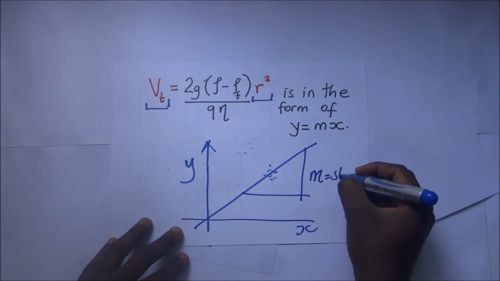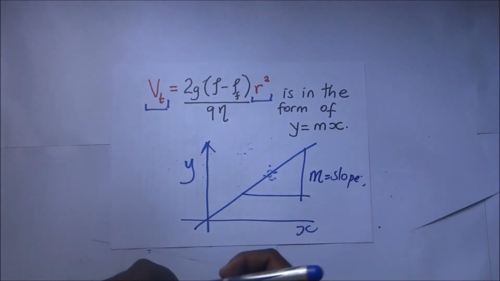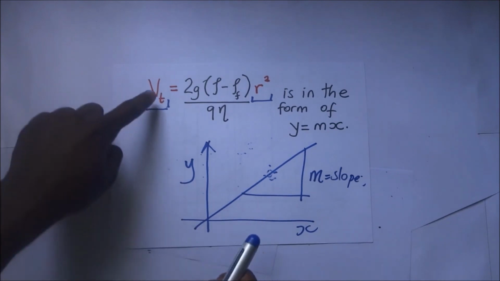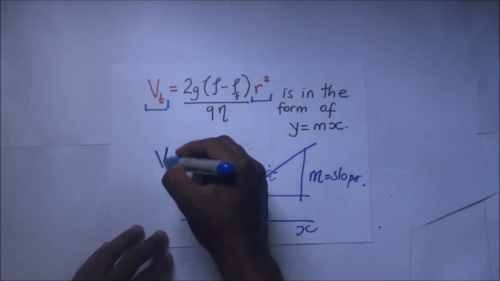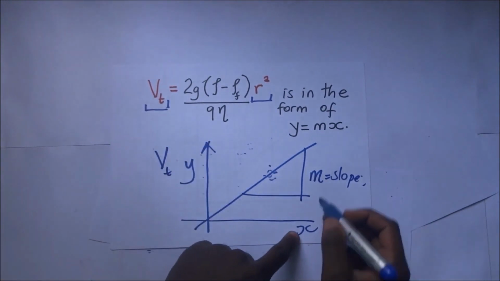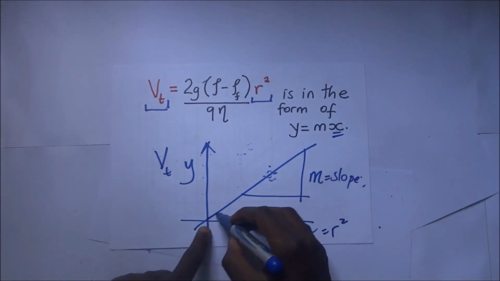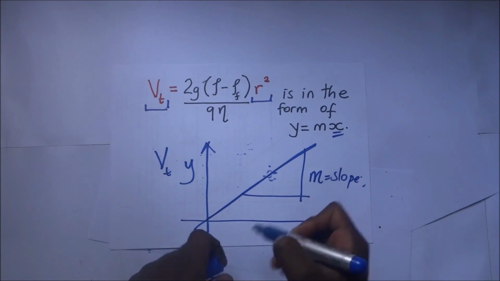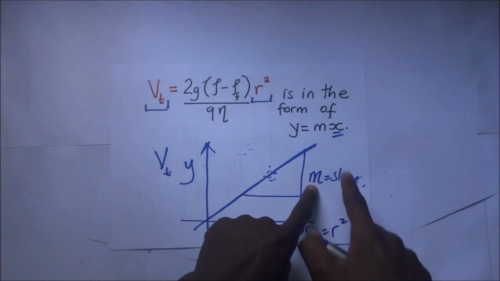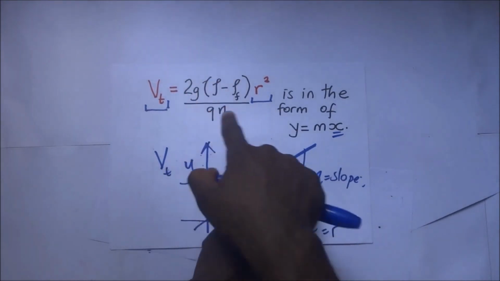M is the slope. Now, this value of y would stand for Vt, the terminal velocity, and this value of x would stand for R squared. And so if we are to draw a graph, the slope of that graph would be this expression in between, and that is exactly what we do.